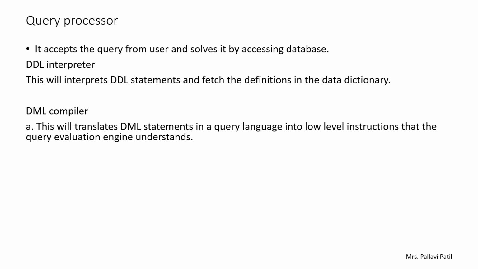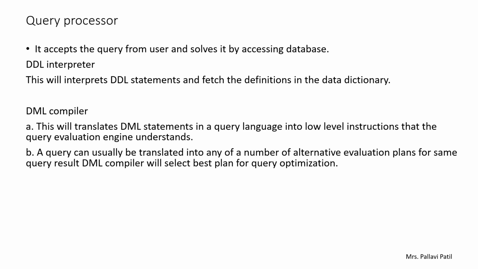So it processes the DML statement into the low-level instruction so they can get executed. So a query can usually be translated into any of a number of alternative evaluation plans for the same query results. DML compiler will select the best plan for query optimization.